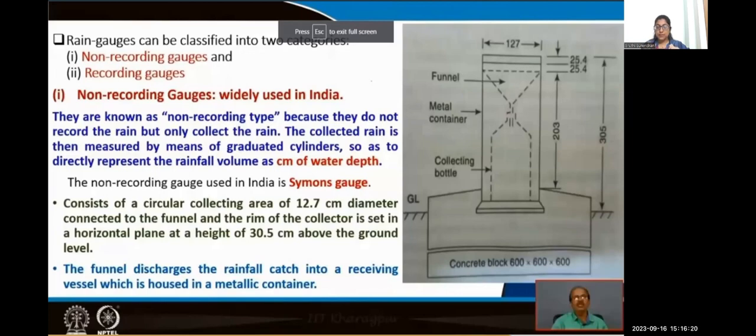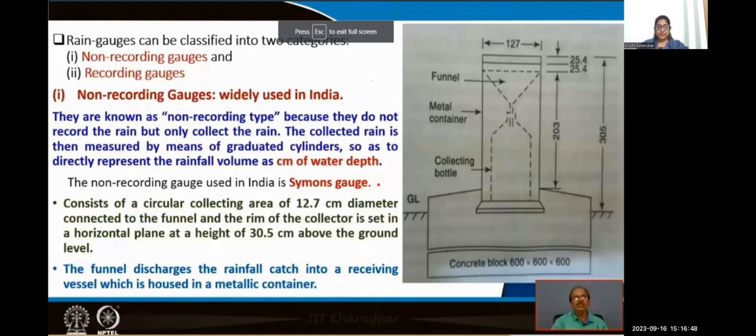There is no recording device in the machine. We measure the rainfall after weighing or seeing how much depth of water is obtained in the collecting bottle. Whereas recording type rain gauges are ones where there is a mechanism to record the magnitude or the depth or the weight of the rainfall while it is being collected in the collecting device itself.